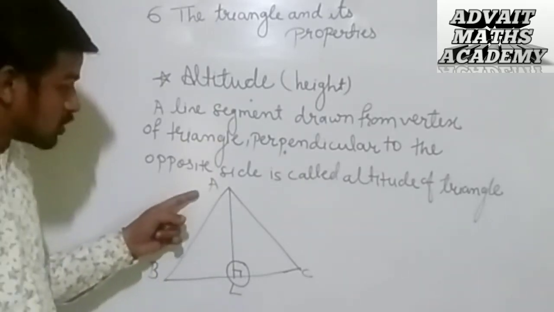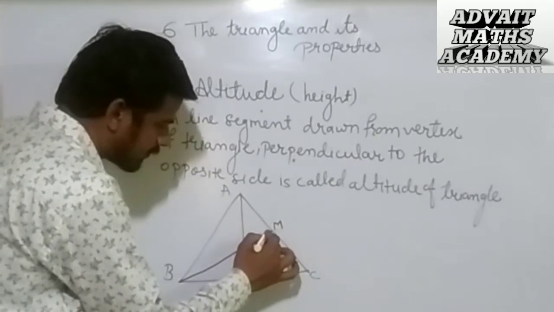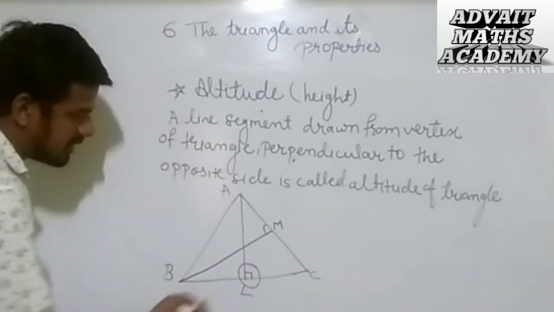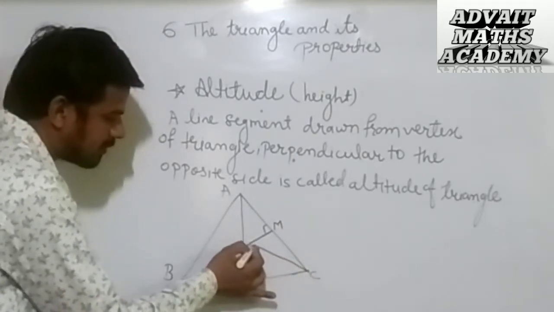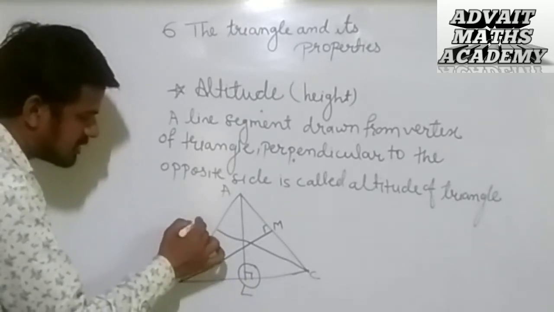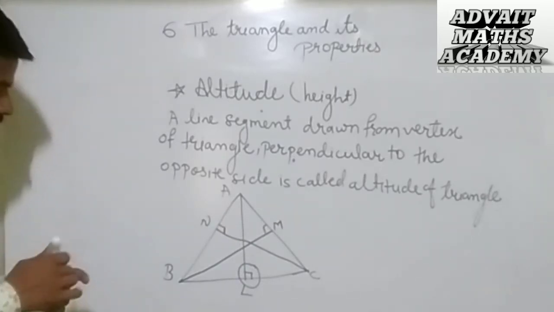A line segment joined to the opposite side AC, this point is named M. This is also an altitude. See, from vertex C, a line segment joined from this point C, this point is named N. So CN is also an altitude.